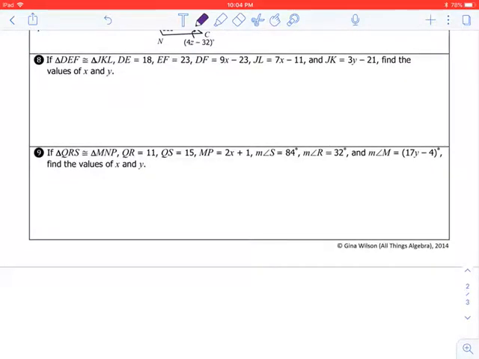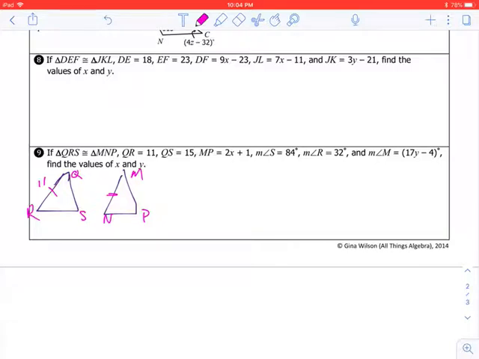So for number 9, QRS congruent to MNP, I've got QR is 11. If you want, you can always make yourself a little picture. That never hurts. QRS, MNP. So QR, that's 11, which makes MN 11 as well.